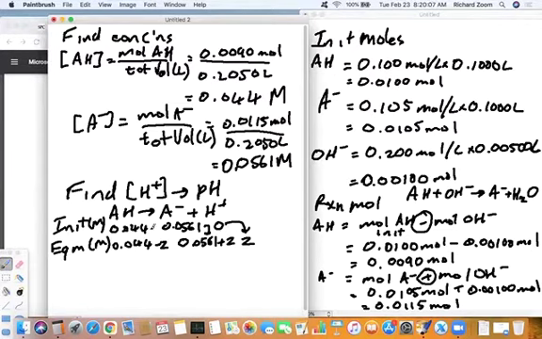And that means that the A minus goes up and the H plus goes up. Now, this is really simple to explain here. After we've added the OH minus, what we've got is a mixture of AH and A minus in the solution.